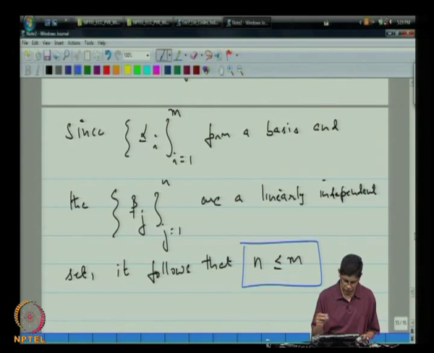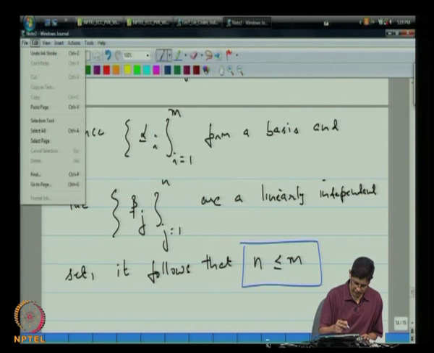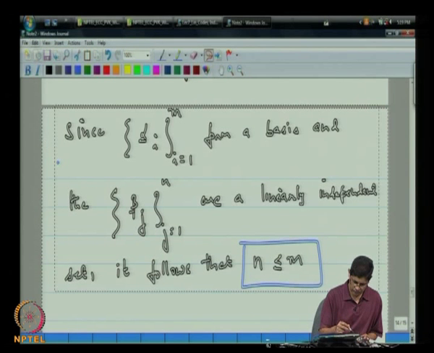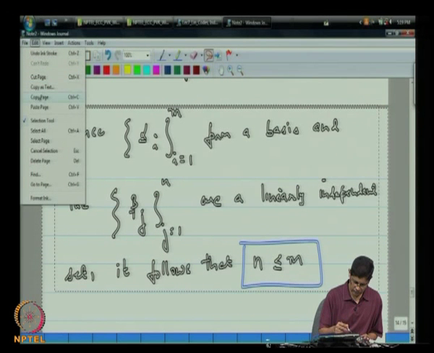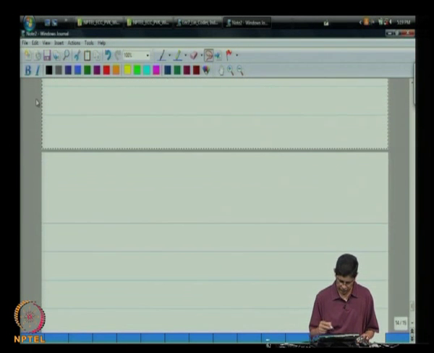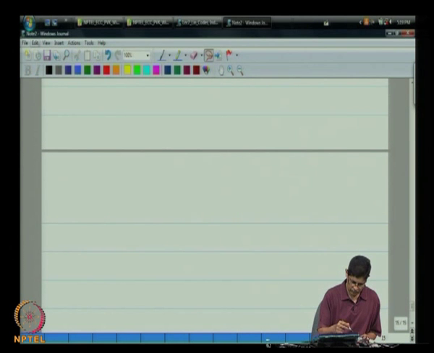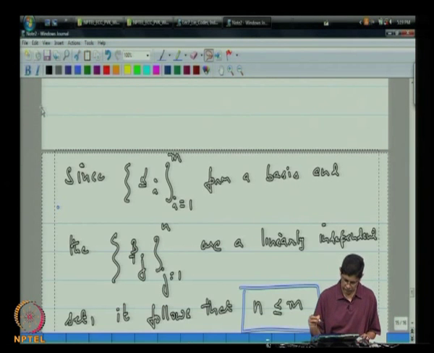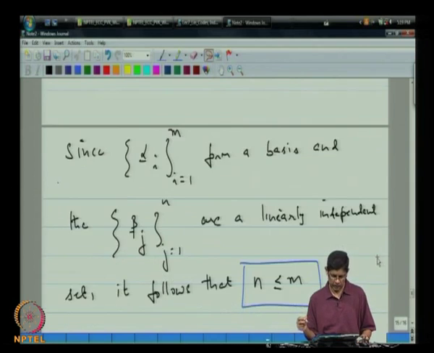Okay, now again I am going to duplicate this page. Okay.